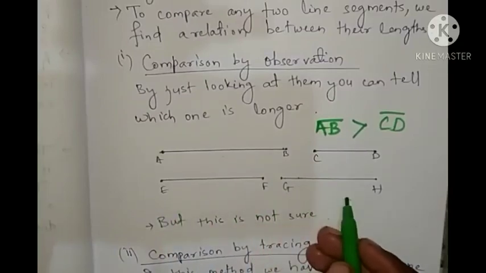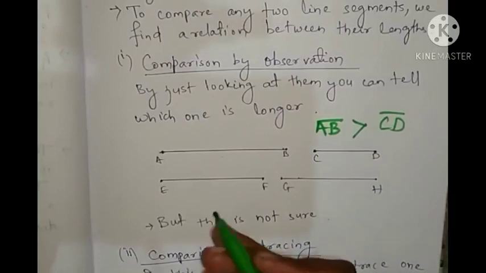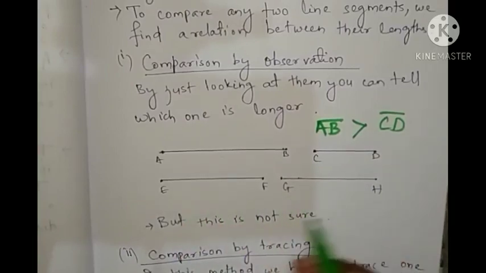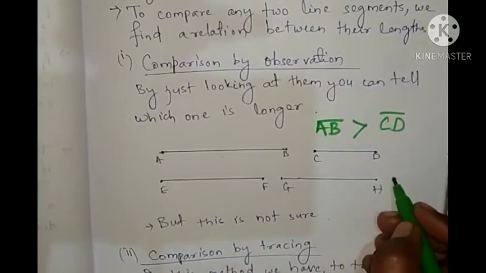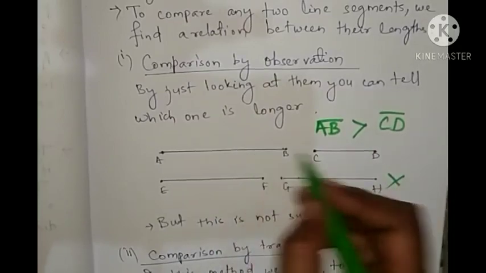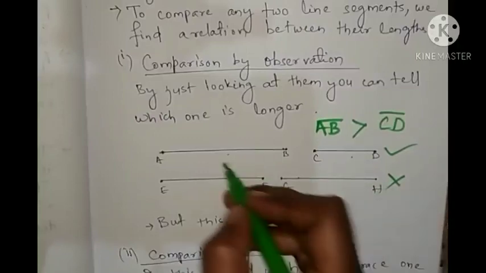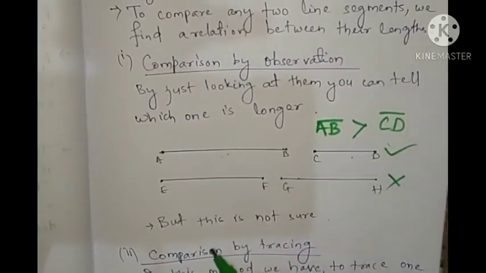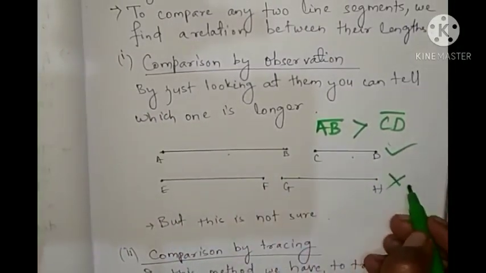We cannot say confidently whether they are equal, or EF is bigger, or GH is bigger. So here we cannot use observation. For the first two it is easy to find out by observation, but for these two we cannot.